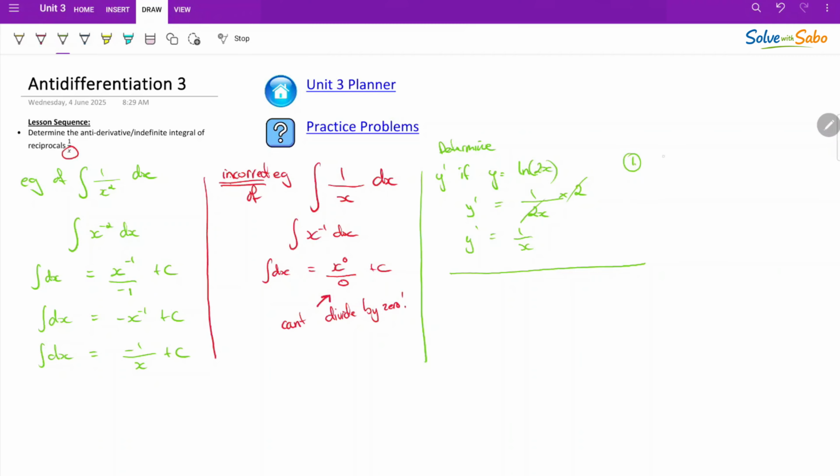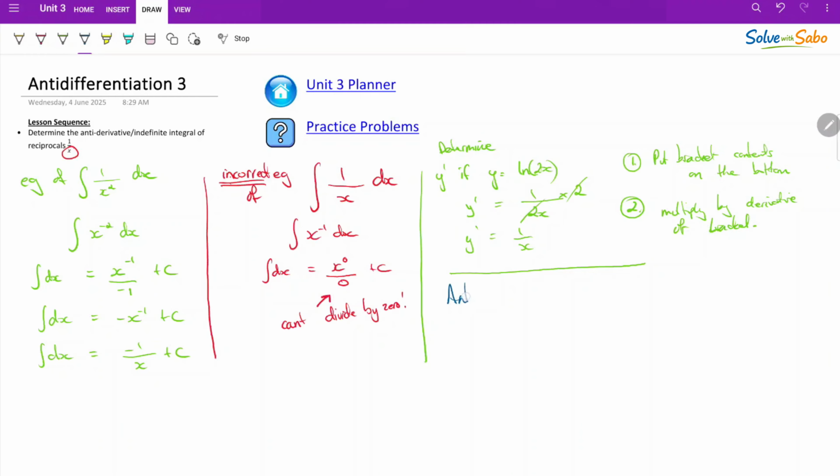The derivative said we want to put the bracket contents on the bottom, and the second thing is we wanted to multiply by the derivative of the bracket. So that's what it was when it was a derivative.